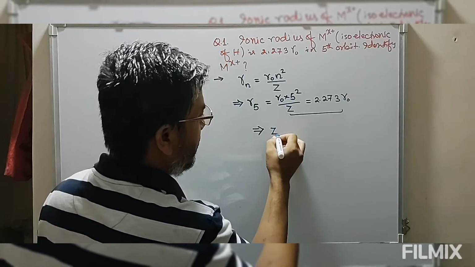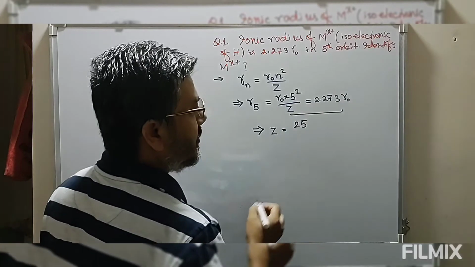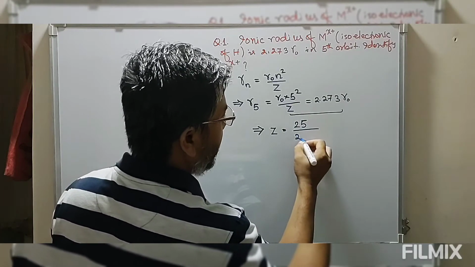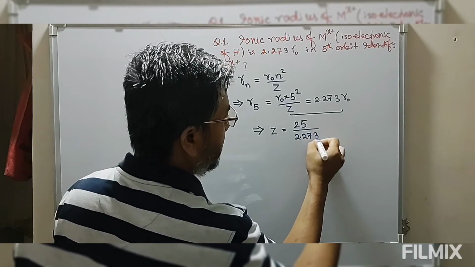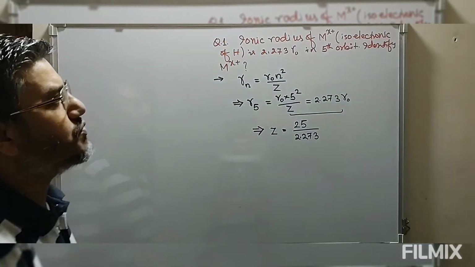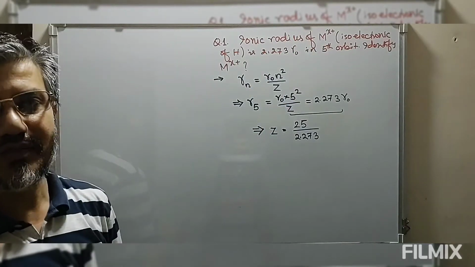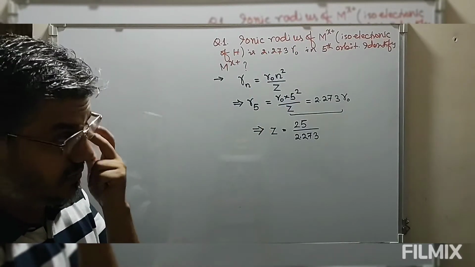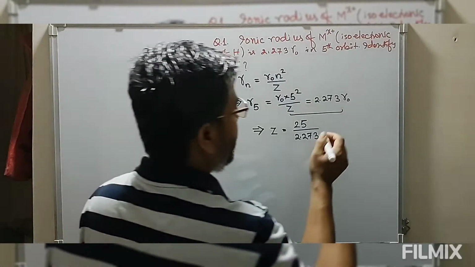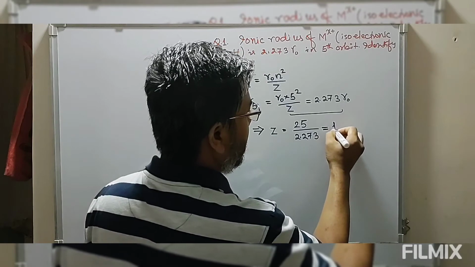So therefore Z is equal to 25 divided by 2.273. So this is the value of Z, because once we have the value of Z, that is atomic number, we can easily define the element M, whose charge is X plus. So when you simplify this, it comes out to be 11.